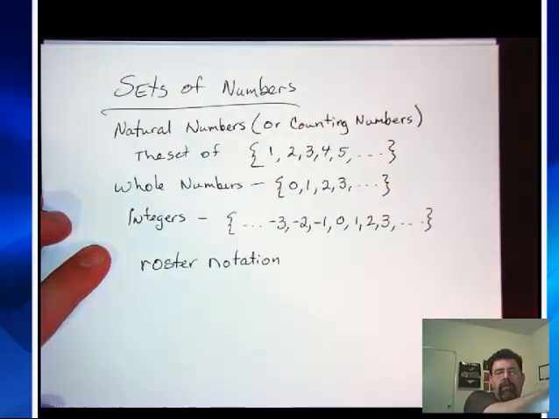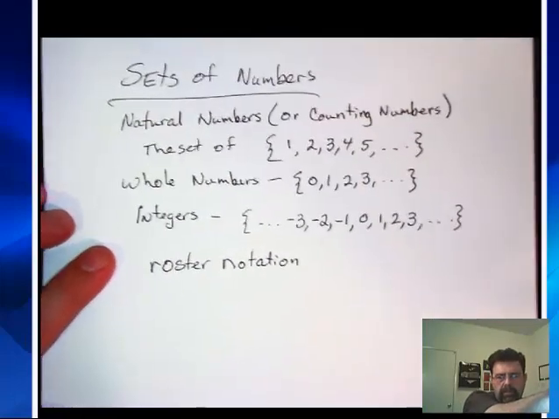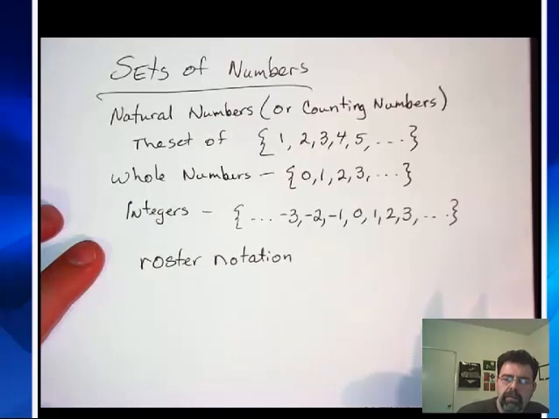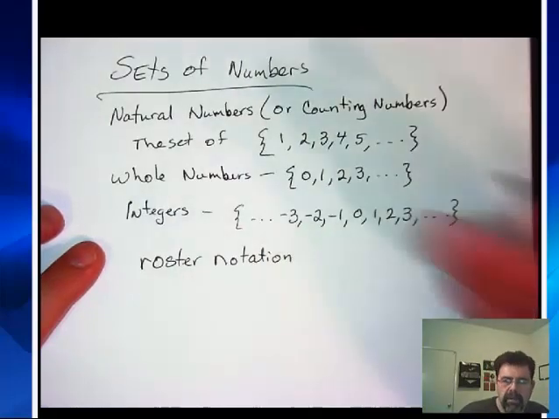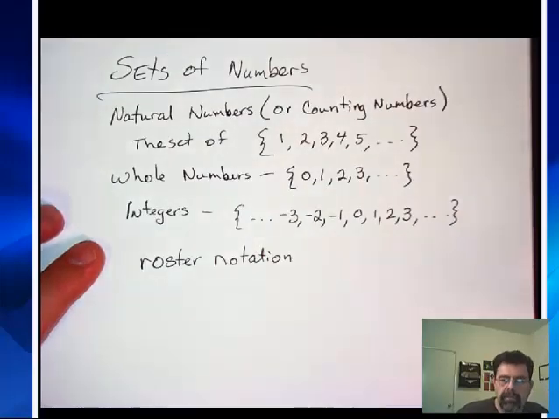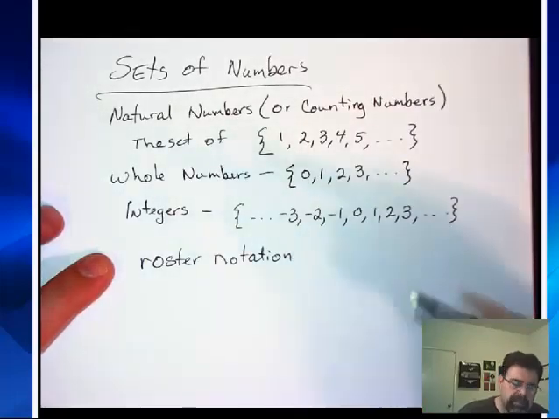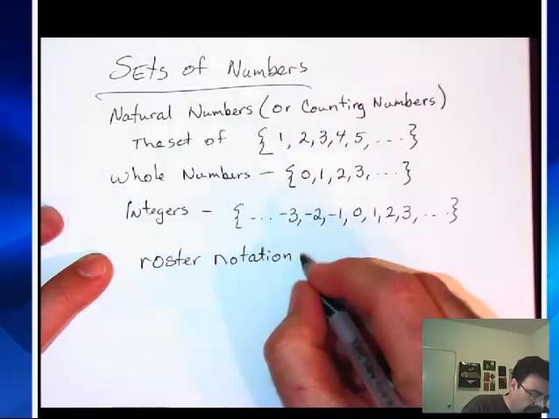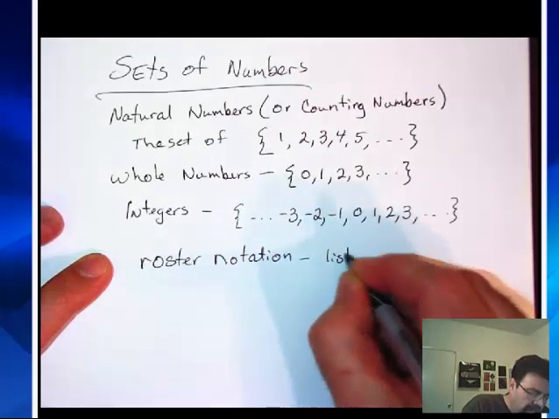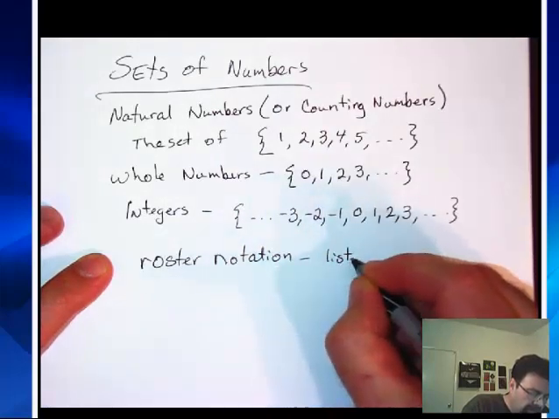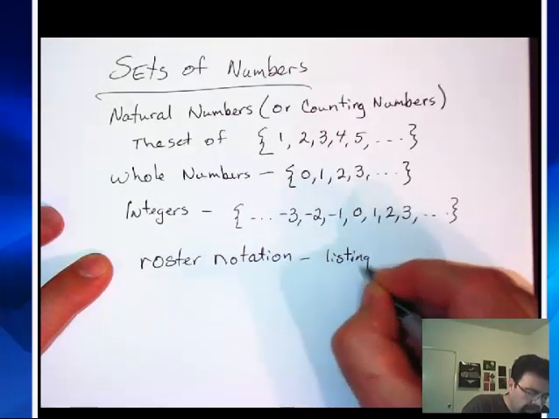I always talk about in class, if you were to think about a roster, what comes to your mind? You can think of baseball, like the roster is the list of everybody on the team. I have a roster for the class, and your name would be on it somewhere. So you're explicitly listing each member of the set.